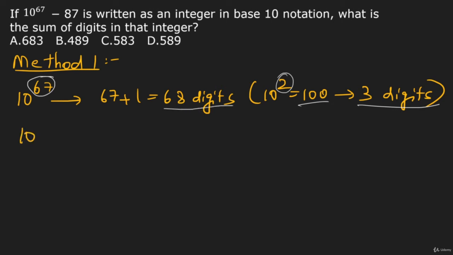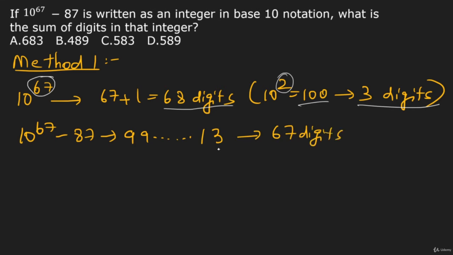Now when you do 10 to the power 67 minus 87, that would be a number 999 etc. and ending with 13, right? And this is a 67-digit number, right? For example, if you are subtracting 87 from say 1000, what is the number that you get? You will get 913, right?